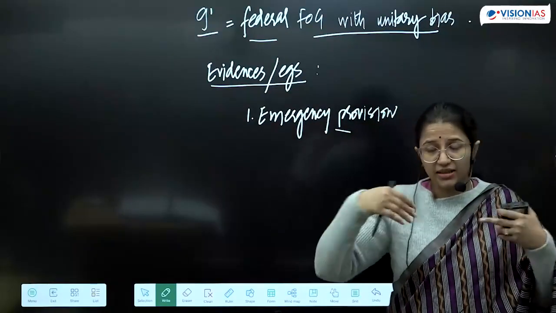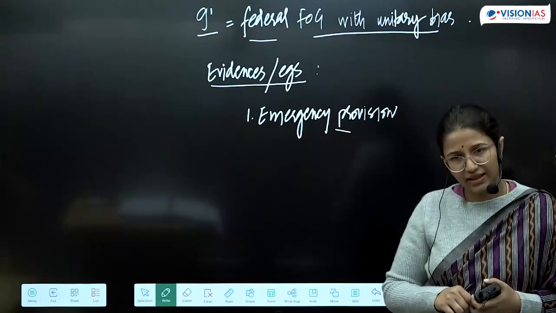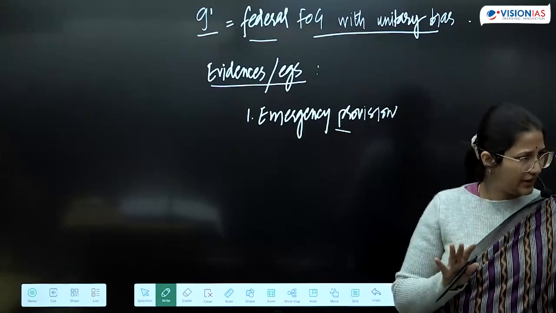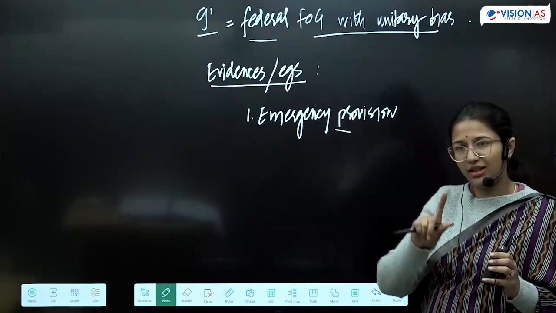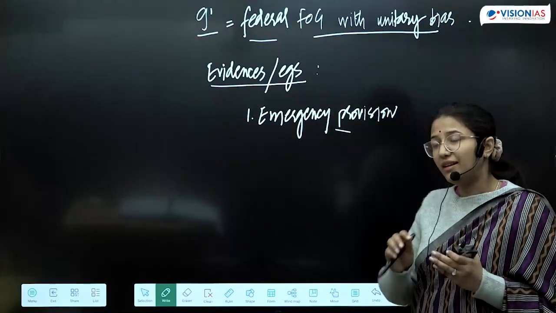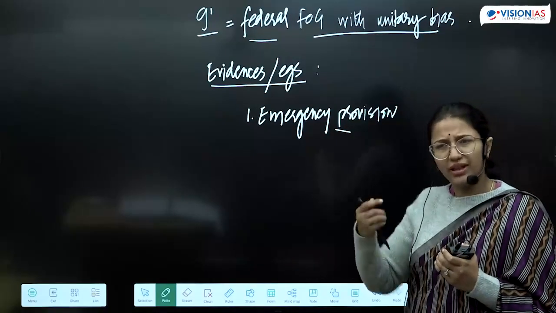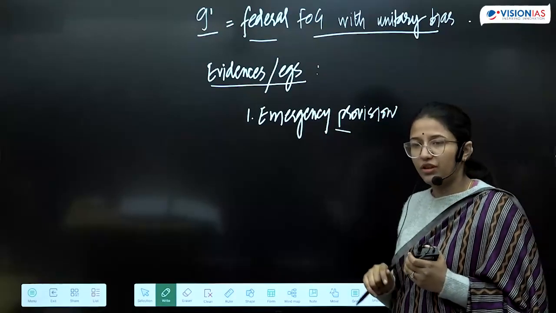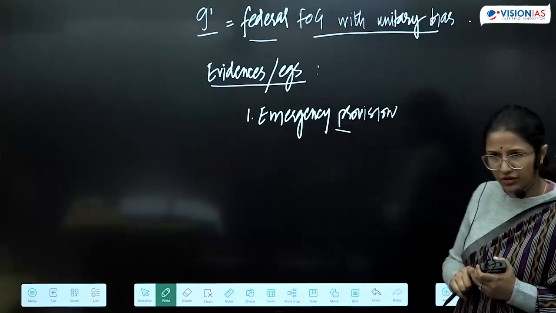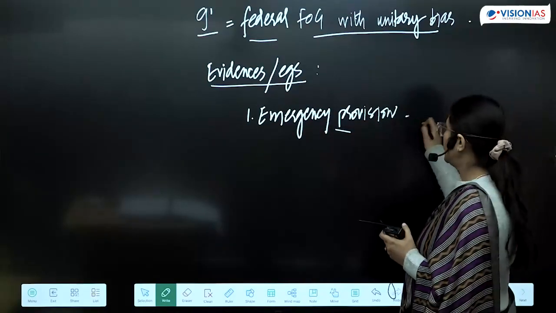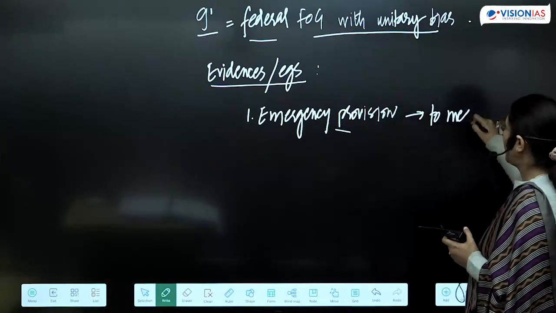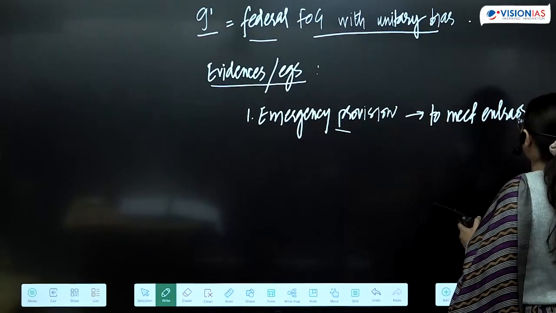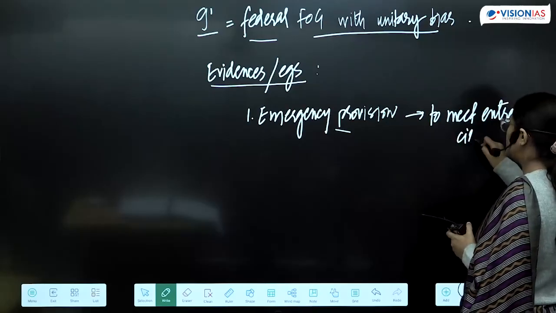There is concentration of power in the center and the federal distribution of power gets suspended. ठीक है, तो जैसे ही national emergency अगर proclaim करे, तो the federal distribution of power often gets suspended and this federal form of government transforms into a unitary form of government to meet extraordinary circumstances.